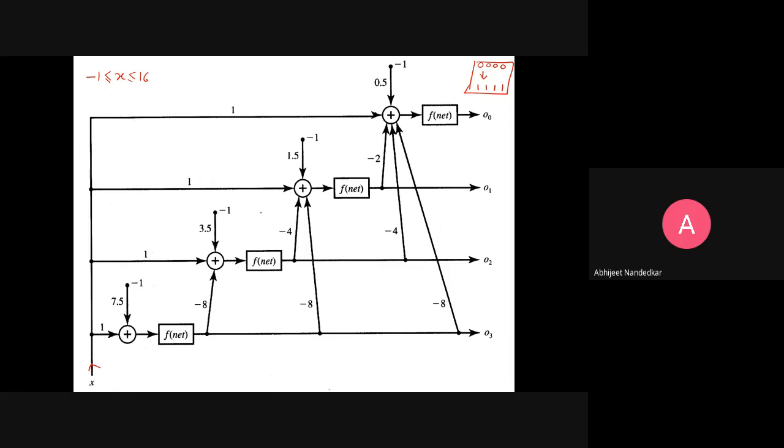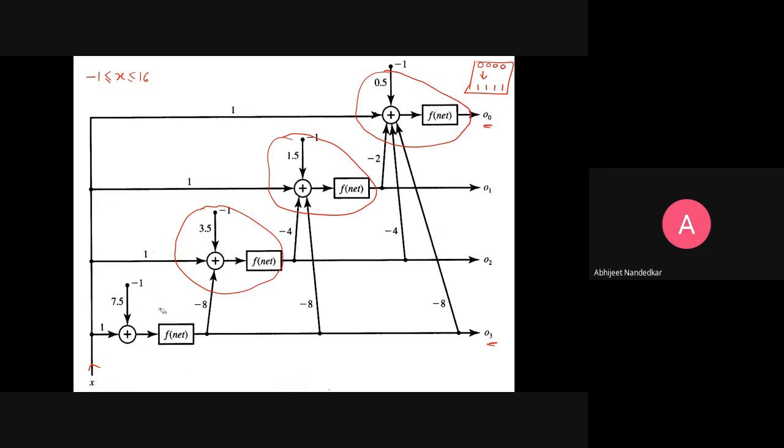To solve this problem, we can start from the bottom and see what these individual neurons are doing. This is the set of neurons. There are 4 such neurons, one for each bit. This is the 0th bit and this is the MSB, the 4th bit.